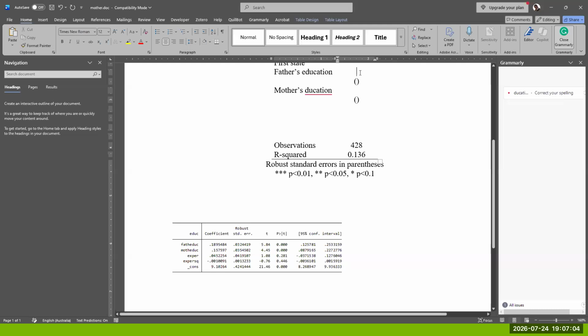So the effect of the father's education on that of the child is, if I round up to three decimals, maybe 0.190, and that is significant at 1%. The standard error that you have here is what you report.